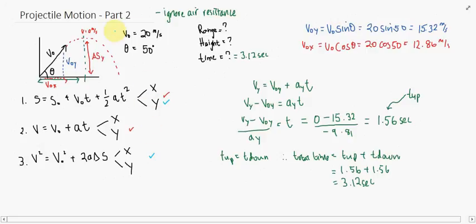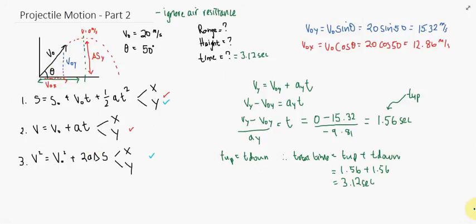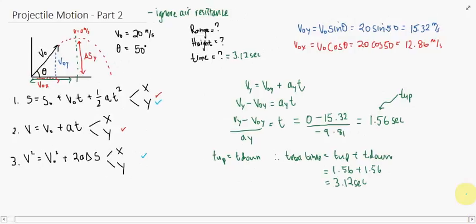Now that I have calculated time, I can pretty much use either one of these, but let's try both and see. We should get the same answer, right? I mean, it's gone up to some given height, and regardless of which of these I use, I should get the same answer. So let's just, for educational purposes, try and see which one works out easier.